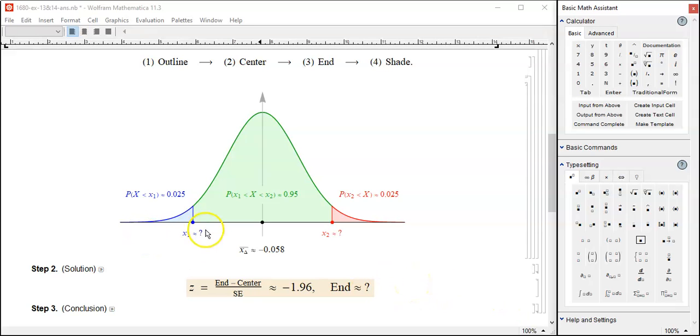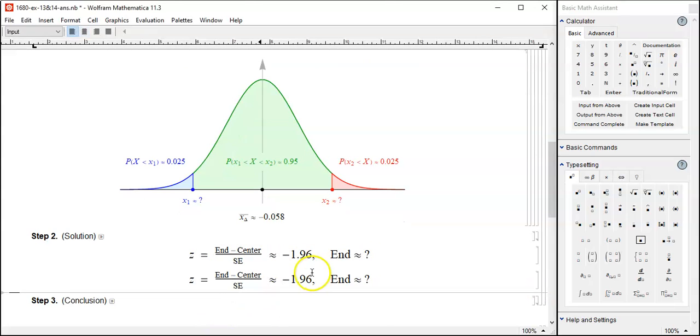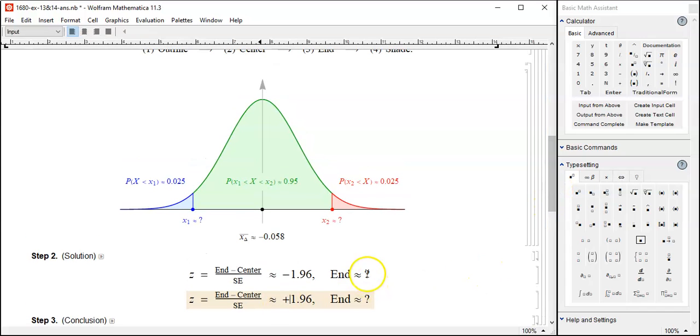That's going to give you this x1. And of course, by symmetry, you look for this one. All you have to change is minus to plus. So this will give you the left-hand side endpoint, which is in blue right now. And this will give you the right-hand side endpoint, highlighted in red.